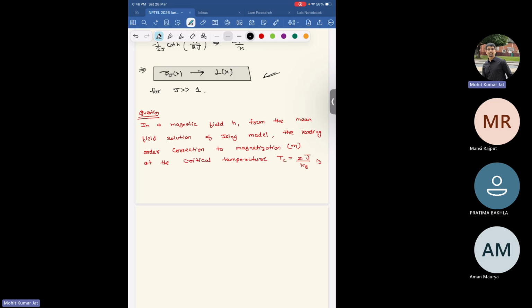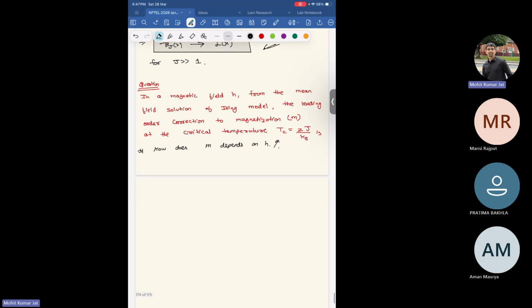So what it is asking is, how does M depend on H at the given Tc? That's something we'll have to determine.